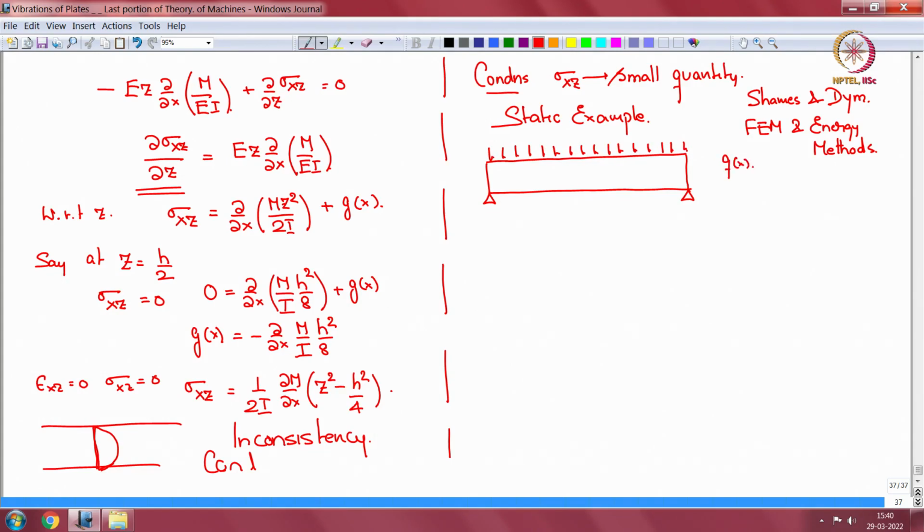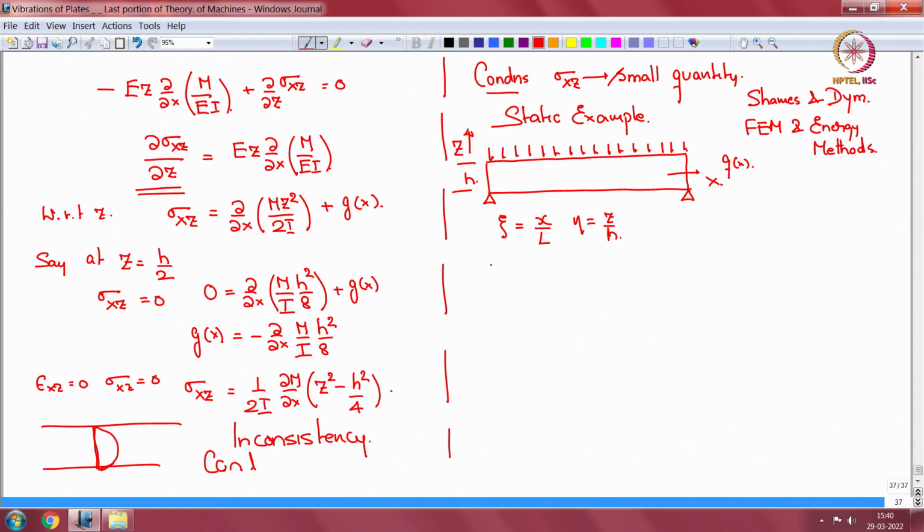Okay, and I have these non-dimensional parameters, xi, let's say, is x by L, and eta is z over h. h is the thickness, that is z, this is x.